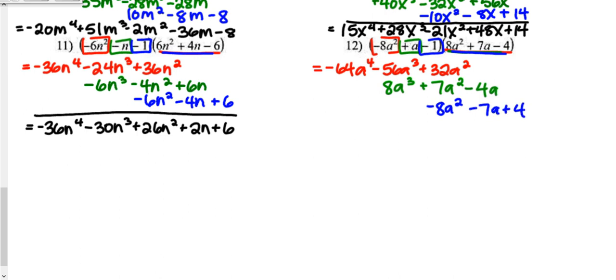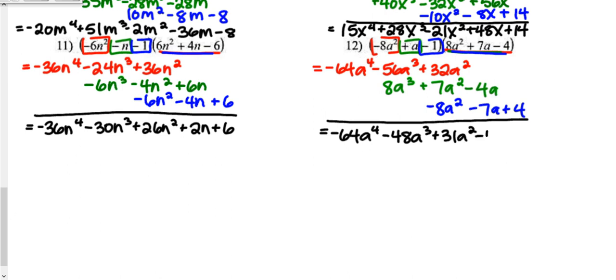And tallying that up, we get negative 64a to the fourth. Then that's negative 48a to the third, 31a squared minus 11a plus 4. And that's your homework over targets 1 and 2.